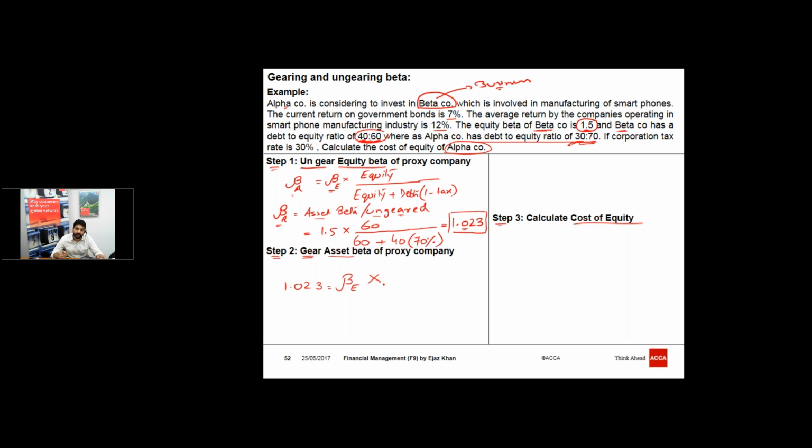Therefore, we have to use the gearing ratio of Alpha Company. So Alpha Company has a gearing ratio of 30:70. So equity is 70. So 70 plus 30 into 70%. So just solve this fraction first, and then divide it here, and tell me the equity beta, the geared beta for Alpha Company. What's the value of geared beta this time? 1.329. I can write 1.33, right?